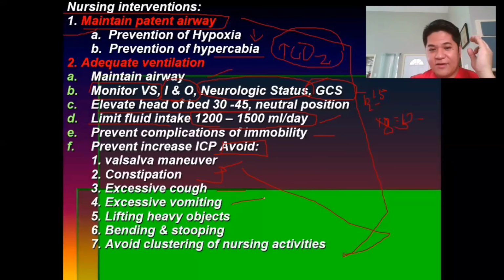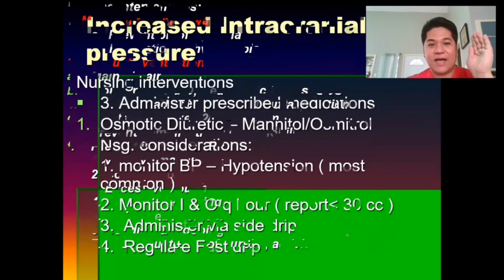Avoid excessive vomiting, of course, because it might increase ICP. Lifting heavy objects: if the client is able to go to the restroom already, then don't lift heavy objects. That could also cause Valsalva maneuver. Avoid bending and stooping, since it might increase ICP. And do not cluster nursing activities, because the client might be stressed, and that will lead to increased ICP as well. Remember those. These are things we need to understand when it comes to increased ICP.